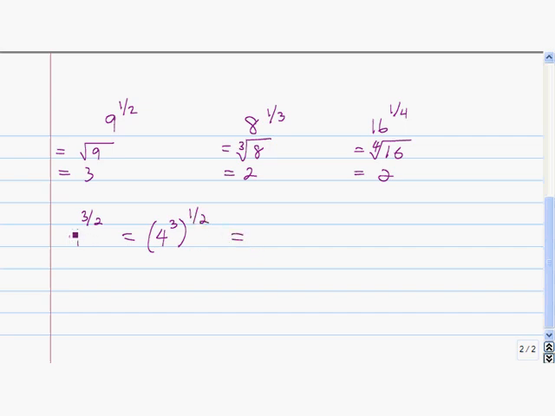Or we could take the number 4, raise it to the 1/2 power, then raise it to the 3rd power. I think I prefer to do this one. So this is just equal to 4 to the 1/2, which is 2, raised to the 3rd power, so we get 8. So that means that 4 raised to the 3/2 power is equal to 8.